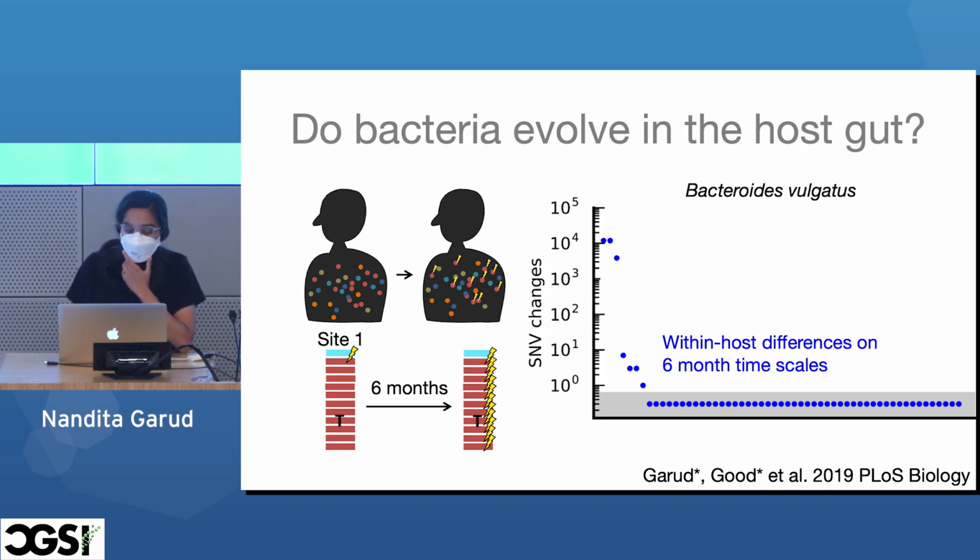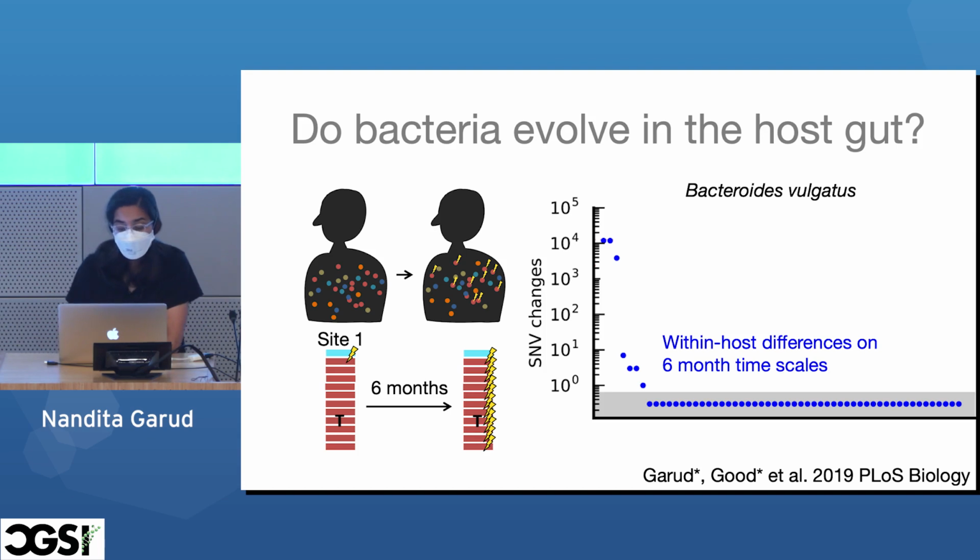So this distribution was quite interesting. It suggests either nothing's happening, or our methodology is not sensitive enough to detect what's happening, or there is some massive turnover of SNPs, or there's just a handful of SNPs changing. And what this is actually pointing to are two processes generating SNP changes in the gut. This is pointing to strain turnover, and this is pointing to evolution.